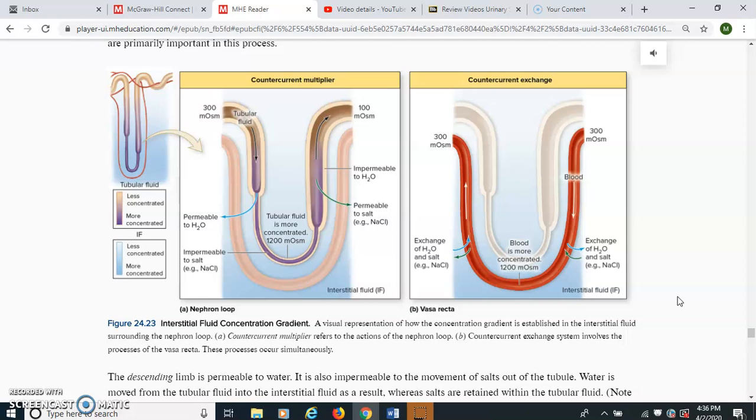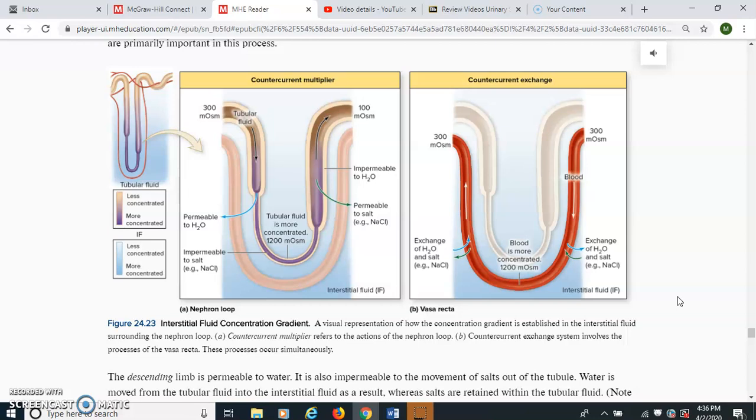If it comes down and binds to those cells in our collecting tubules and ducts and puts more aquaporins in the tubular cells so we can get more water reabsorbed, we have to have something that's going to draw the water towards the peritubular capillary. So the interstitial fluid has to be very highly concentrated in salt, and that way the water is going to want to move in that direction. And that's how we get our wonderful concentrated urine.